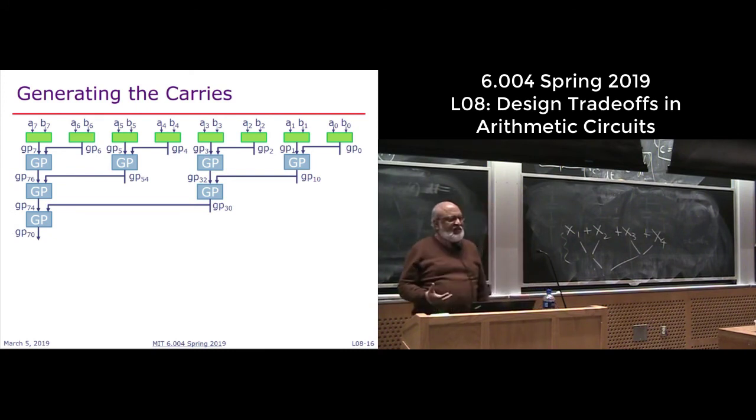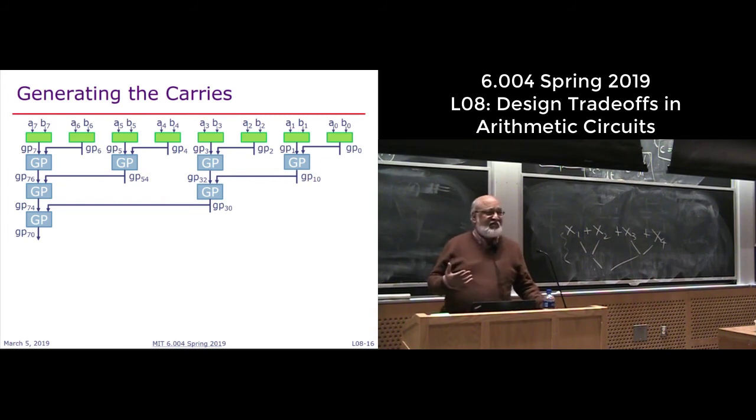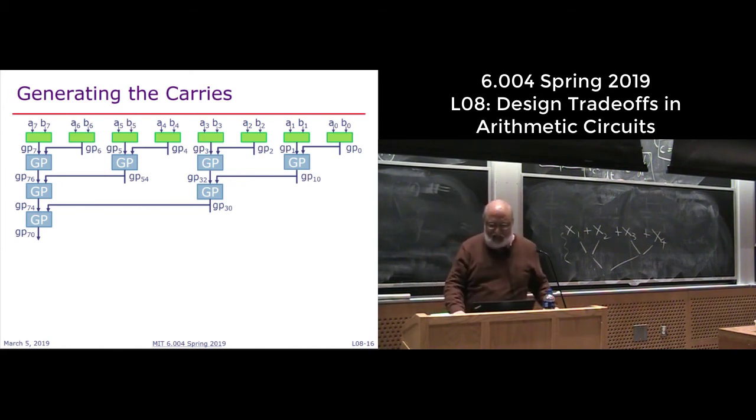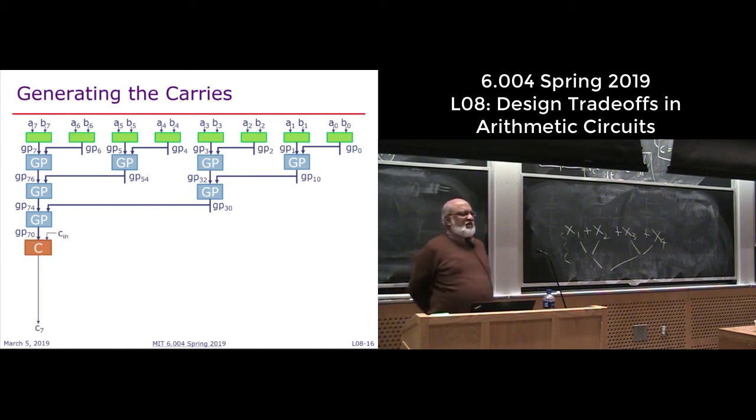Now comes the next part, generating the real carries, because remember, our full adders are waiting. We have a row of full adders. We have to feed all these signals into it, but we haven't got the carries yet. All we have got is the propagate and generate signals. Does this make sense?